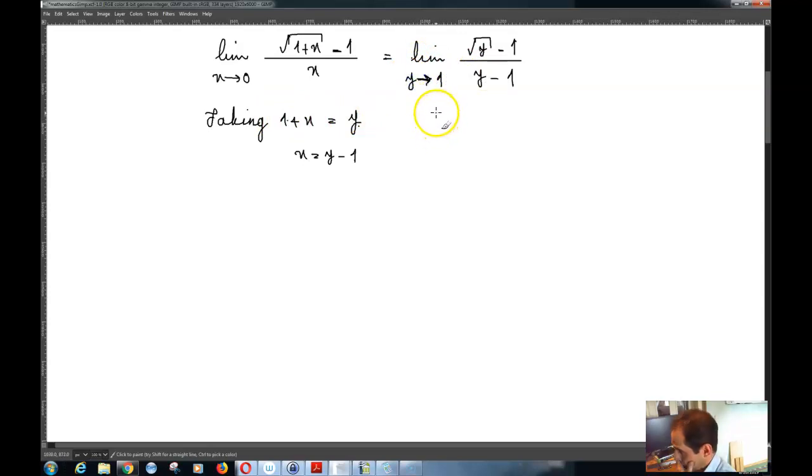And so here you can write this expression as the limit of y raised to the power 1/2 minus 1 raised to the power 1/2, over y minus 1, when y tends to 1.